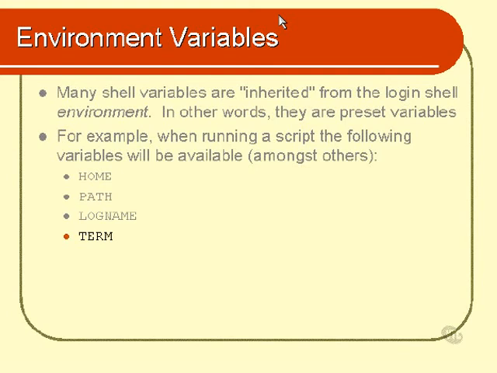In other words, all of that information is available to you in your shell script. Usually. There's no guarantee that any of those variables is going to be set in a given shell script, but usually you'll find that most of them are.